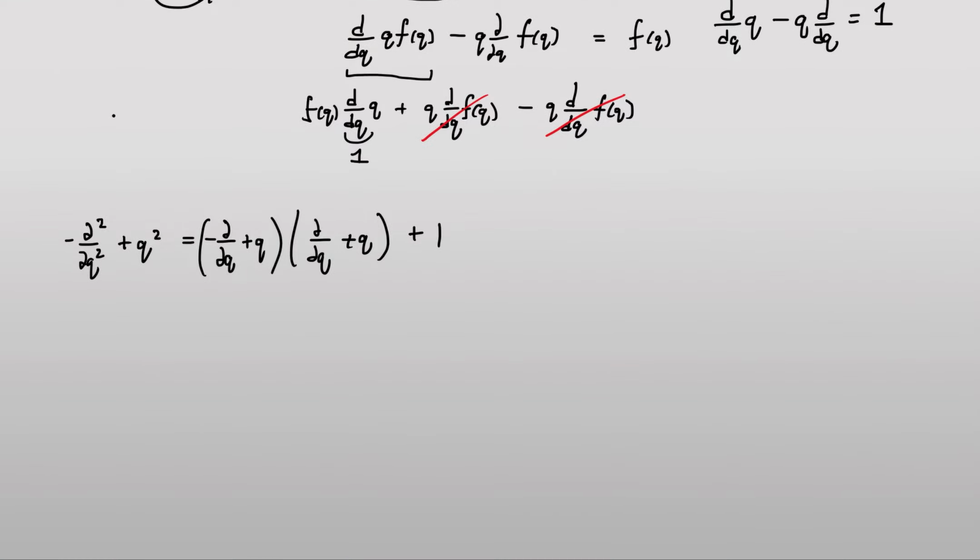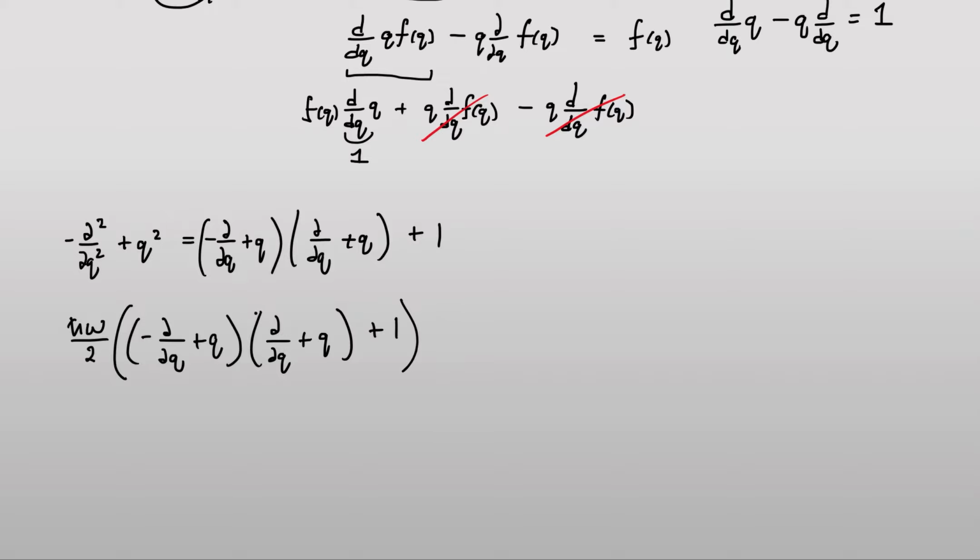So what I'm going to have here is h bar omega over 2 times all of this, so d/dq plus q, d/dq plus q, plus 1.